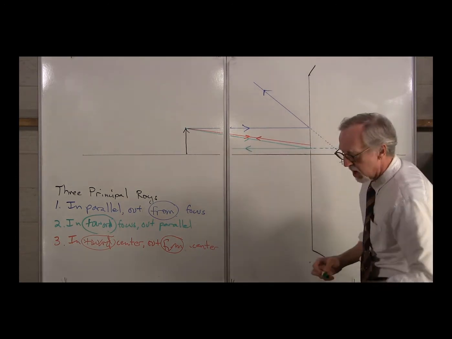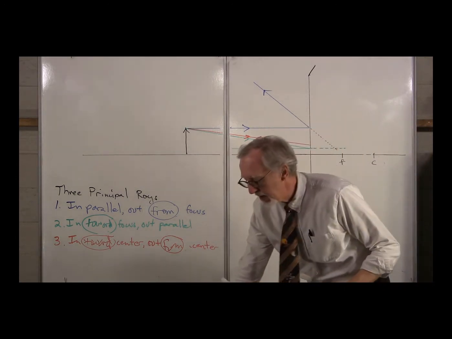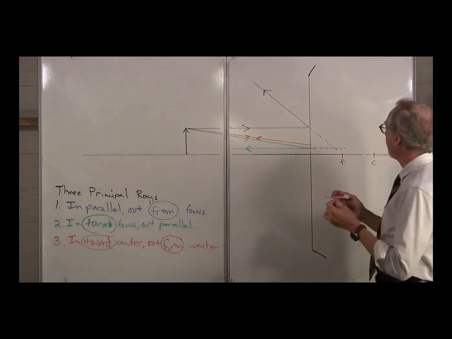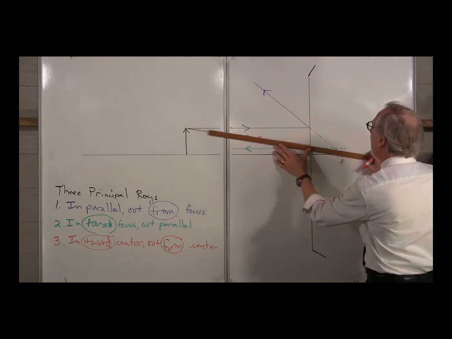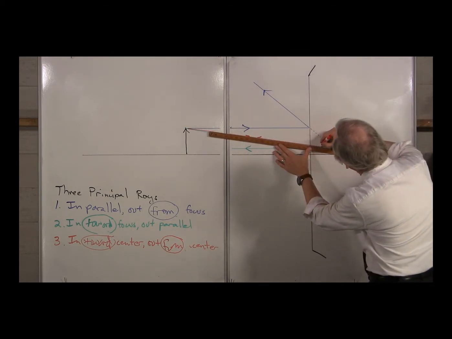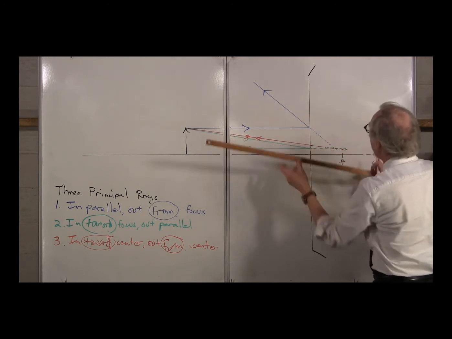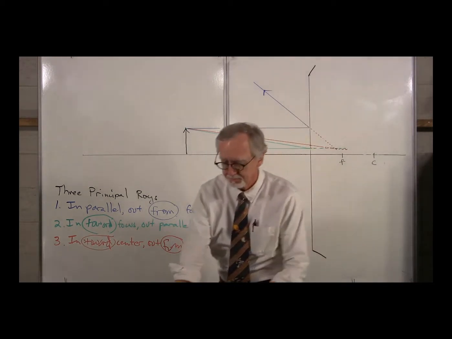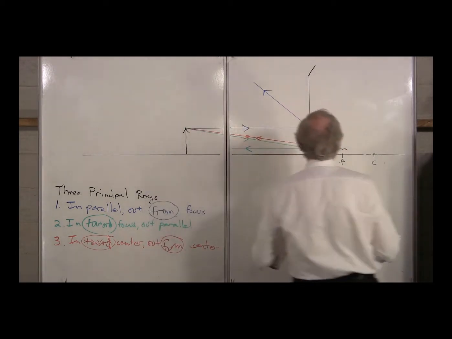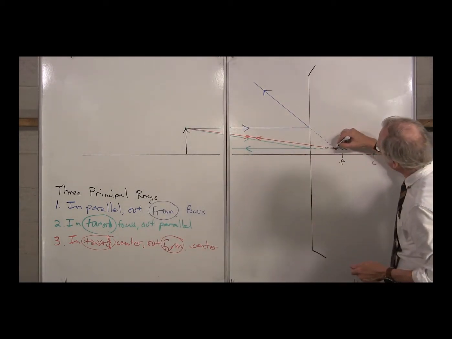And I'm going to draw the reflected red ray back toward the center. And what do we notice? They all appear to come from the same point. They all appear to come from this point back here.